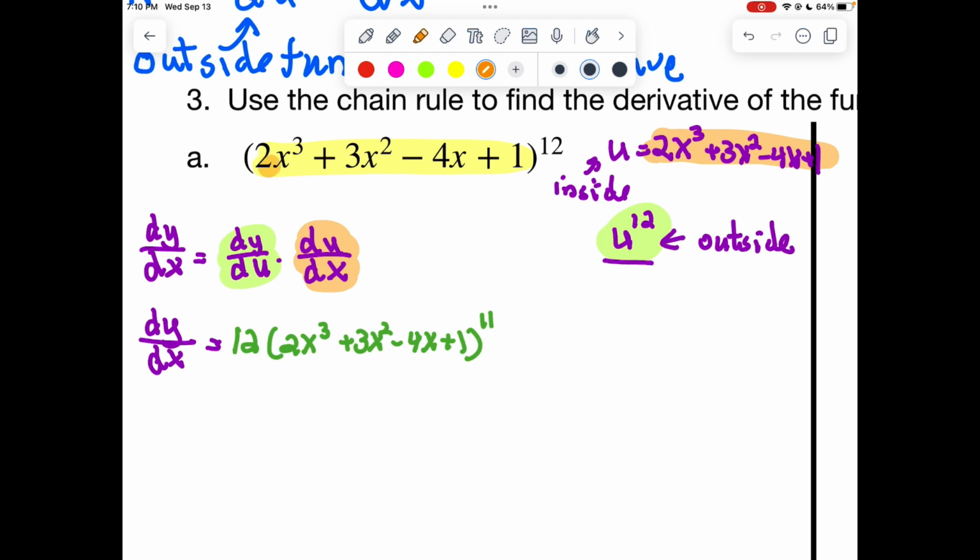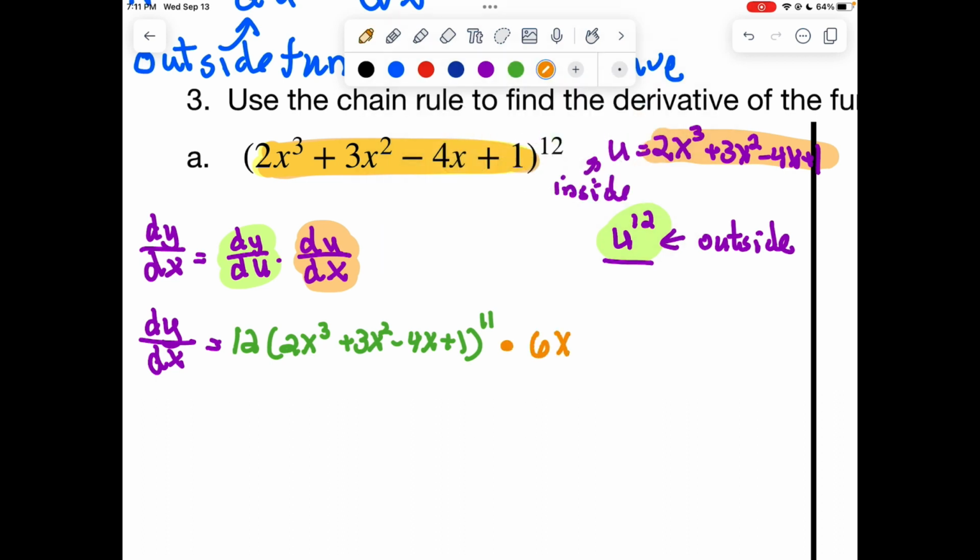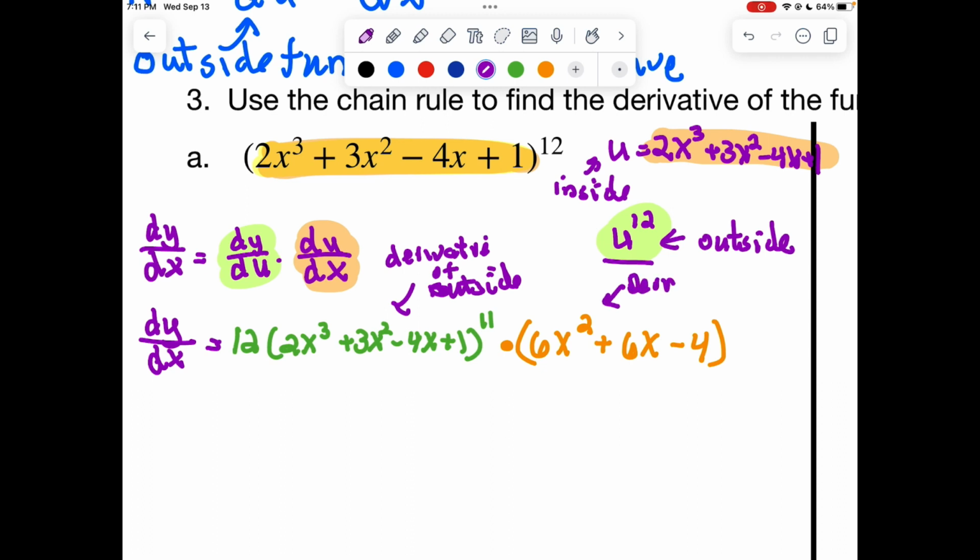So up here is my u value, and we're going to differentiate that inside function. The derivative of 2x cubed is 6x squared, plus the derivative of 3x squared is 6x, minus the derivative of 4x is 4, and the derivative of 1 is 0. Now it's just algebra and simplifying it down. So notice, again, chain rule: the derivative of the outside, that's what is in the green, times the derivative of the inside, which is what I wrote in the orange.